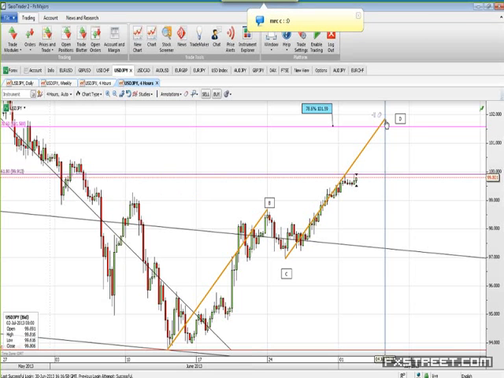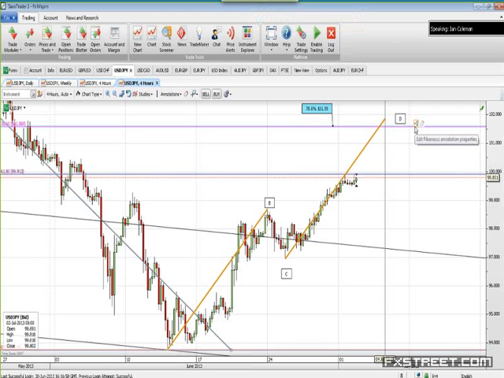Like I said, I don't normally look at taking anything like that. I'd say probably towards the end of this week, beginning of next, so before non-farm payroll, probably.